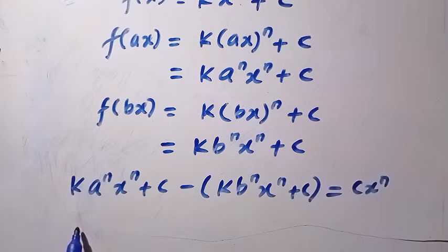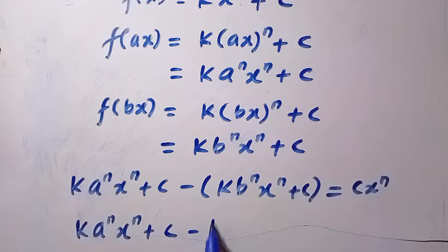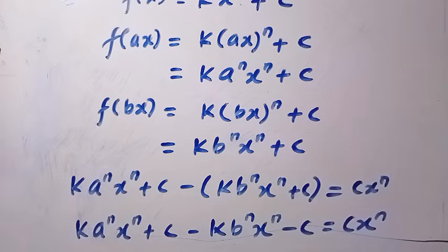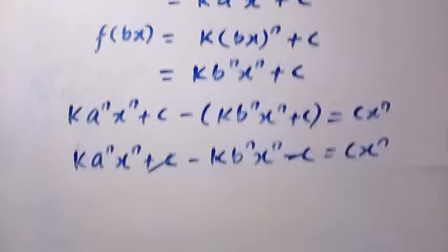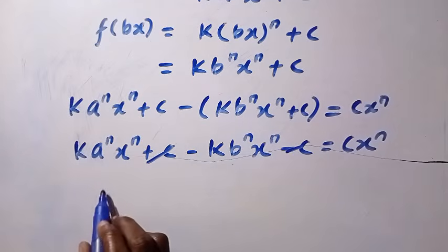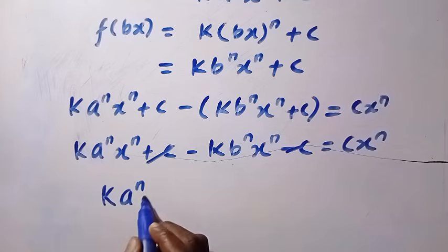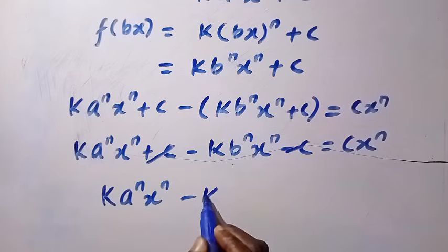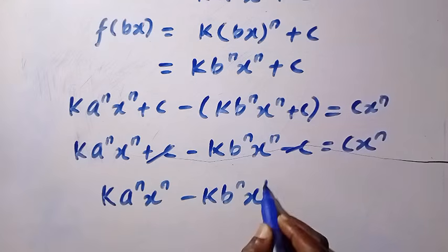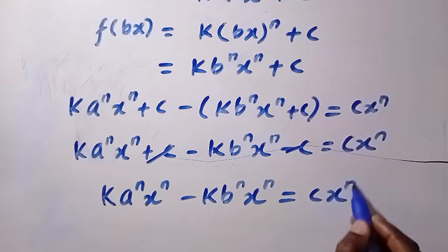By opening this parenthesis, we have k a raised to the power n x raised to the power n plus c minus k b raised to the power n x raised to the power n minus c equals cx raised to the power n. Looking at this, plus c minus c cancelled, and we are going to have k a raised to the power n x raised to the power n minus k b raised to the power n x raised to the power n equals cx raised to the power of n.